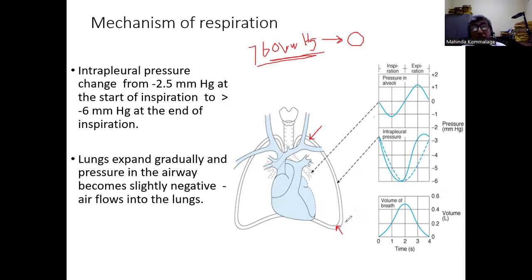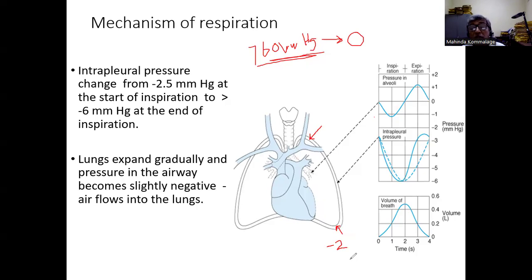Before we start the inspiration, that means before we expand our lungs, before we take air into the chest wall, in the bases, interpleural pressure in the bases we consider minus 2 or 2.5.